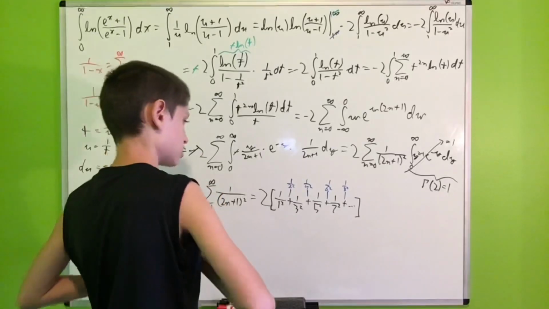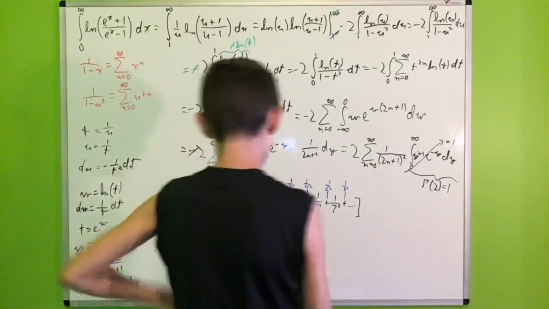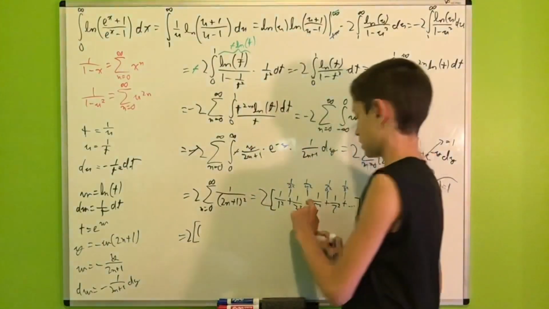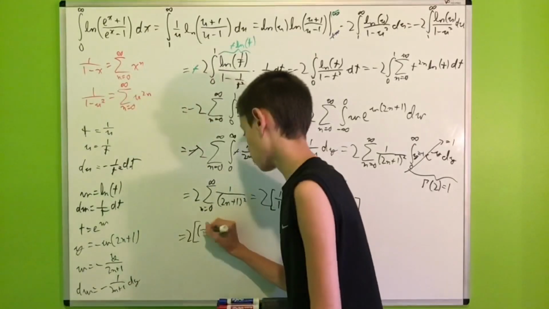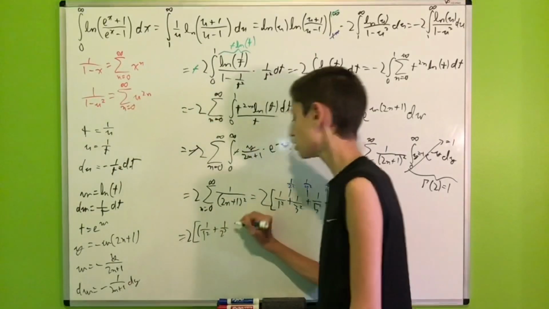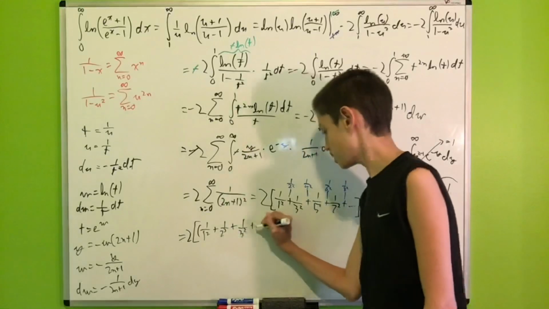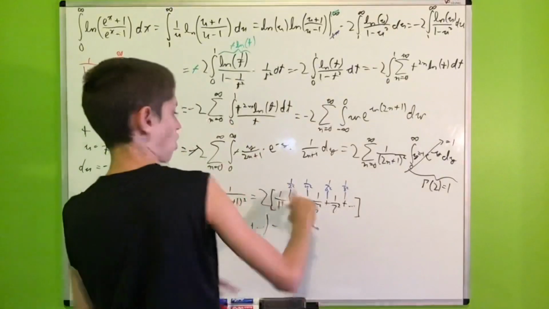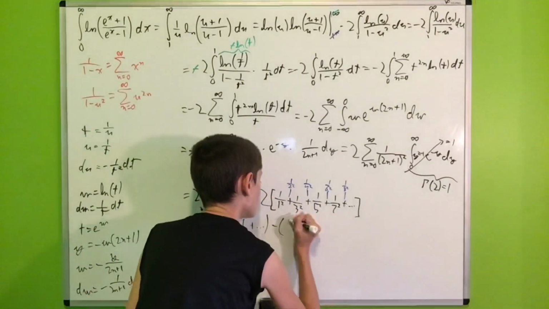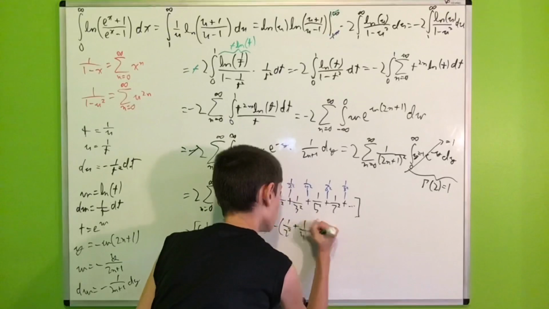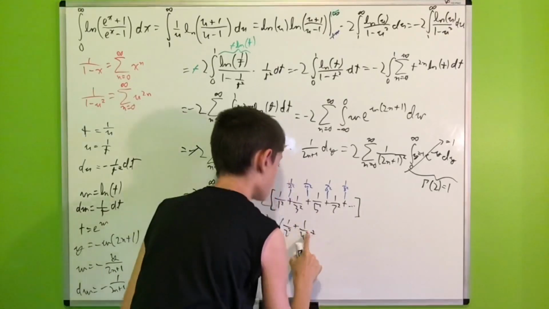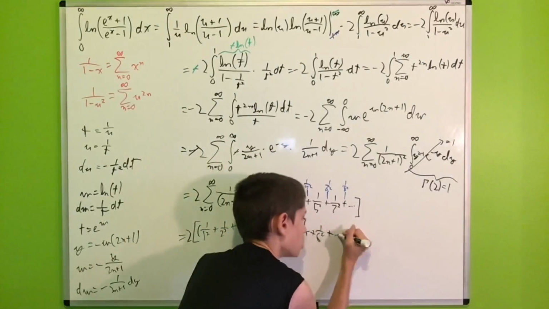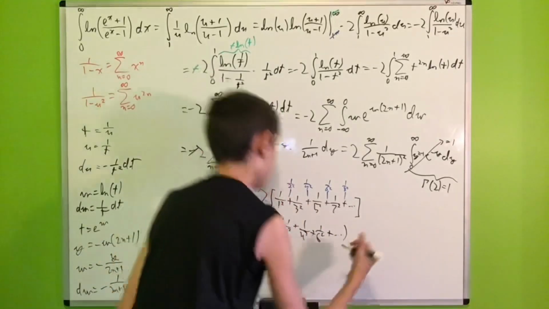So let me write this. We get 2 times our entire sum, 1 over 1 squared plus 1 over 2 squared, 1 over 3 squared, all the way up until infinity, minus the sum of all of the even terms we added, so 1 over 2 squared plus 1 over 4 squared plus 1 over 6 squared, all the way up until infinity.